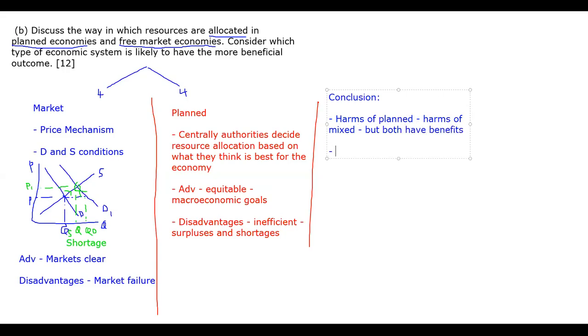I zoned out a bit over there. And then you will say how economic systems aren't binary; they are on a spectrum where there are various mixes.